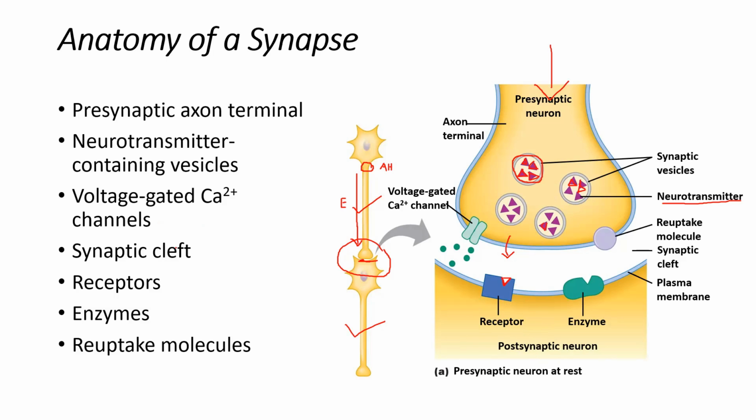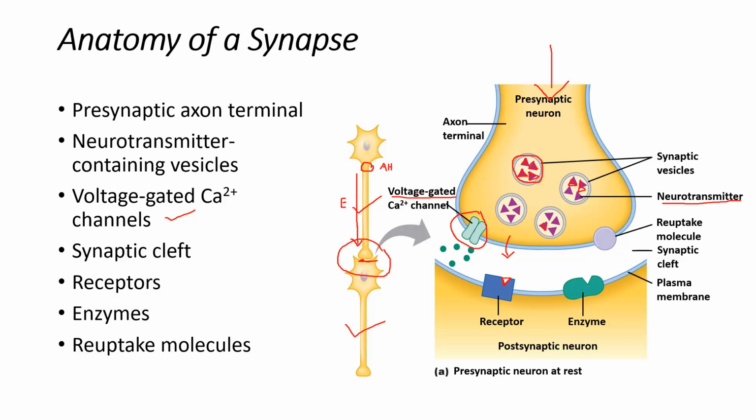Okay, let's look at the other players here. The voltage-gated calcium channels. So that's these guys. These are what are going to trigger the release of these chemicals. How are they going to be initiated? A voltage change. So because they are voltage gated, when the action potential gets to the axon terminal, it's going to stimulate a membrane potential change.